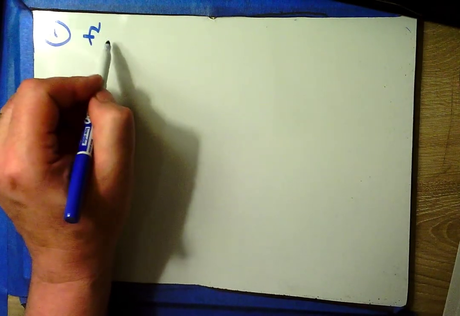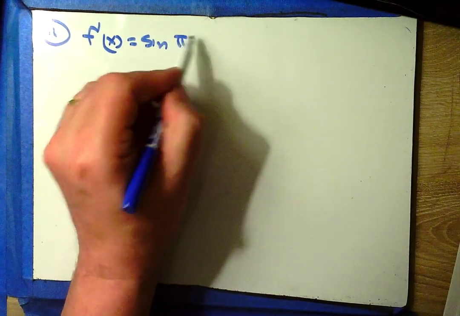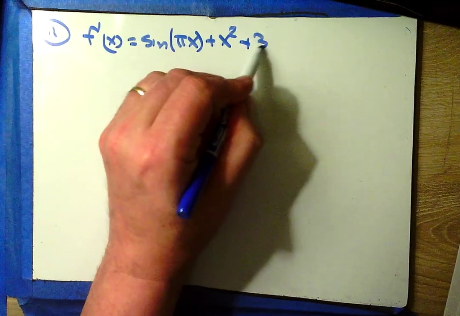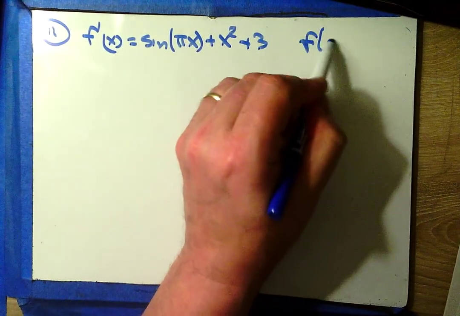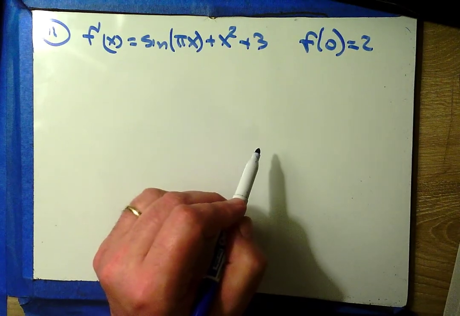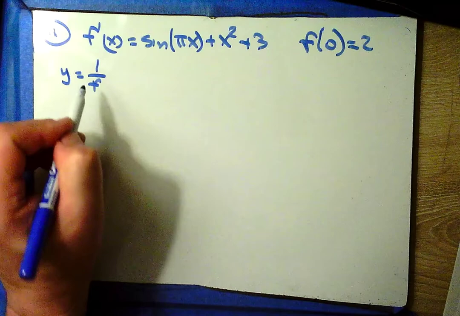F prime of x equals sine pi x plus x squared plus 3, and f of 0 equals 2. Write the equation of the tangent line to the graph y equals 1 over f.